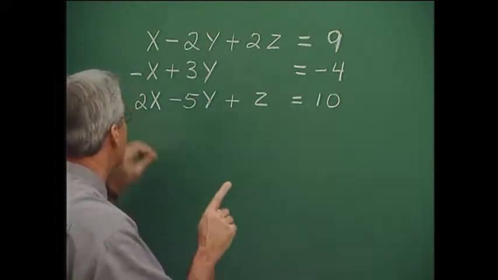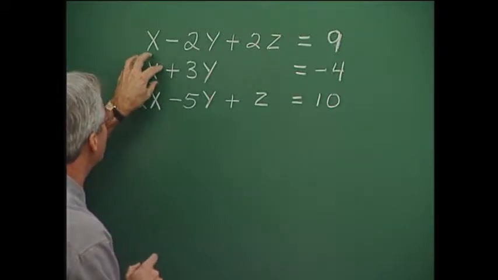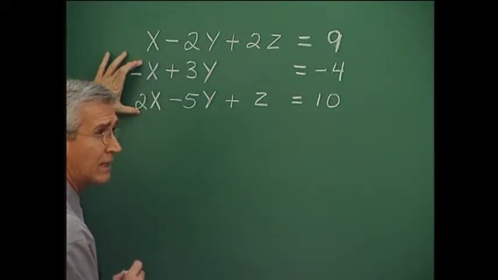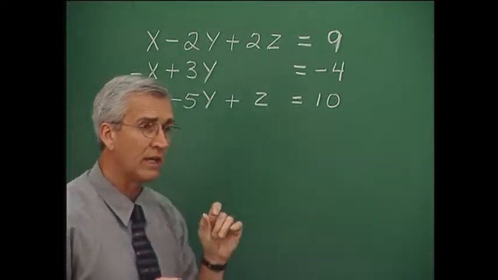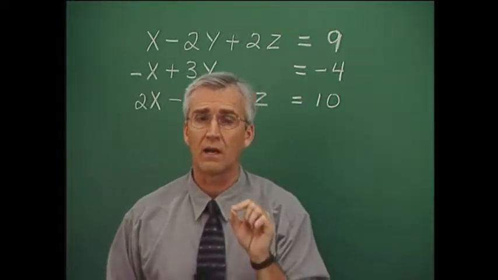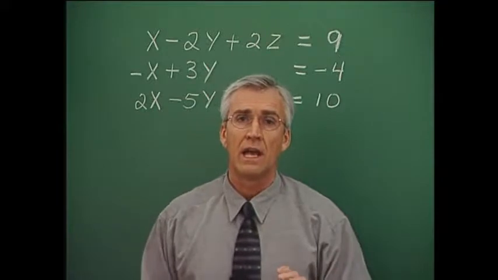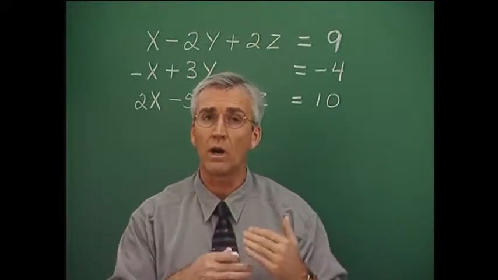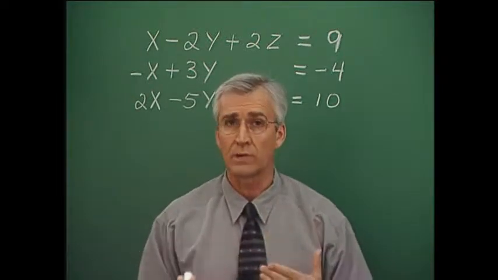The next order of business is to eliminate the terms involving x in the other two equations. And we do that like this. Organization is the big key here in accomplishing this whole task. Toward that end, we're going to make some notes about what we're doing in terms of manipulation.